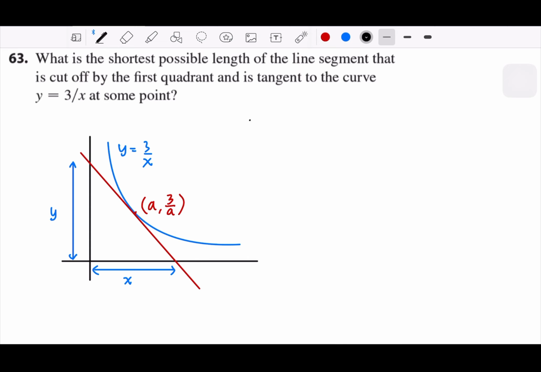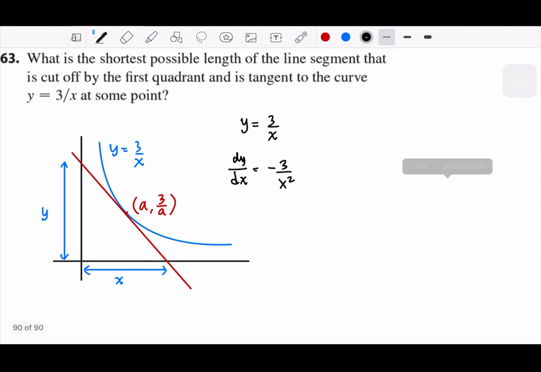Now, if we have y equal 3 over x, the first derivative to take for the tangent line is negative 3 over x squared. So at x equal a, this will be negative 3 over a squared. That's our tangent at a.